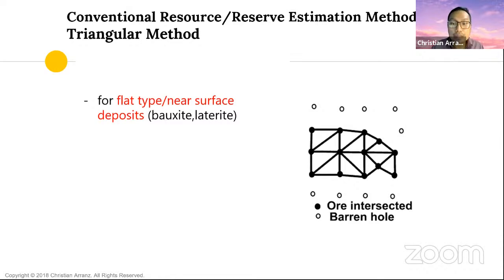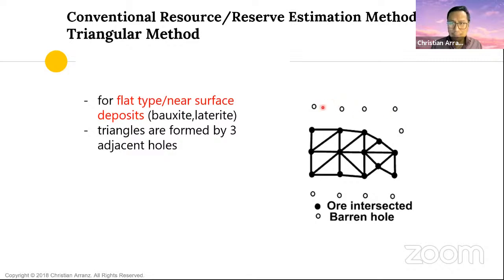So, anong special dito? You form triangles by 3 adjacent holes. Bawat hole dito ay isang drill hole. Tapos nakakulay dito, yung black ay intersected na ore. Ibig sabihin, naalala niyo yung figure ko last time, yung kapag nag-drill ka, tapos natamaan niya yung ore body.